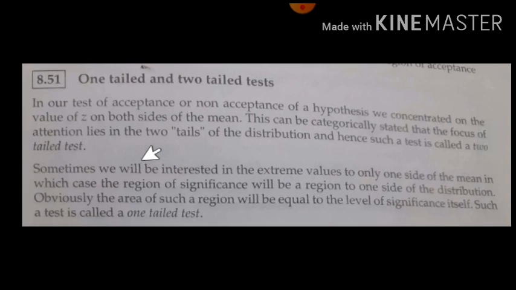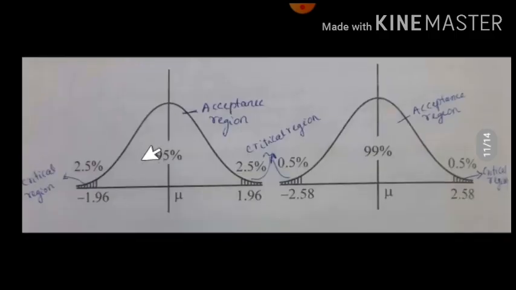Another concept we come across in sampling is the one-tailed and two-tailed test. We may come across problems where accepting or not accepting the test assumptions may be concentrated on both sides, like this.